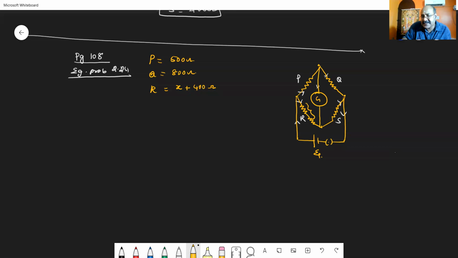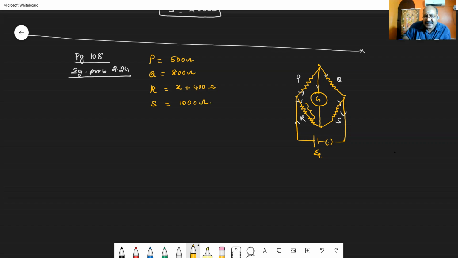So the total resistance of the arm where you are having the resistance R is considered to be the sum of the 2 resistances, since they are in series. If they are in parallel, then you have to calculate 1 by Rp, and finally from that you have to calculate Rp. And the value of S is equal to 1000 ohms.